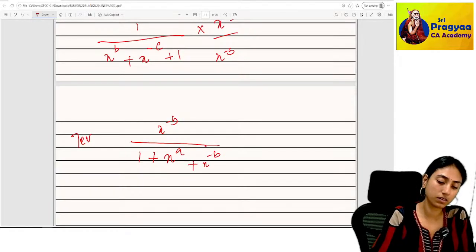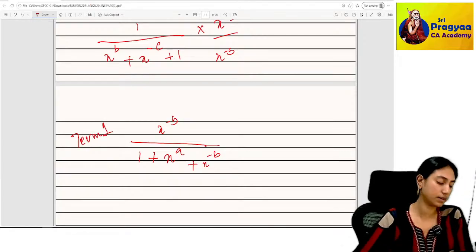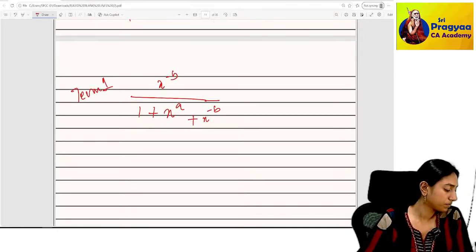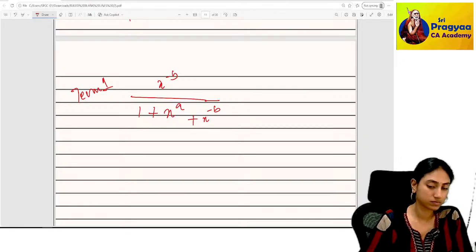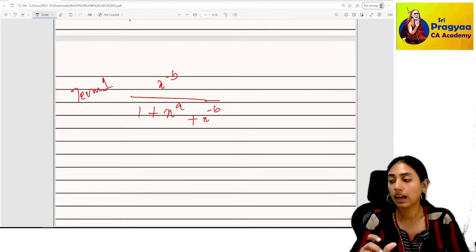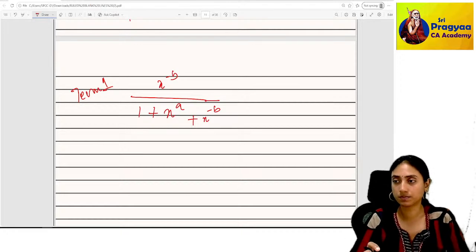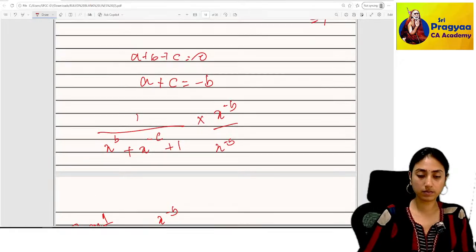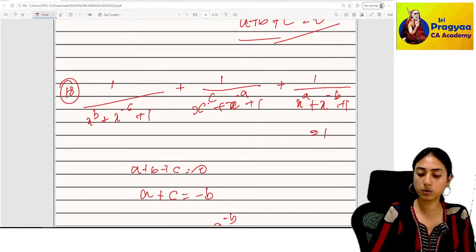This is term 1. Similarly, how can we rewrite term 2? The idea is, again, everything should become 1. The whole thing should be equal to 1.